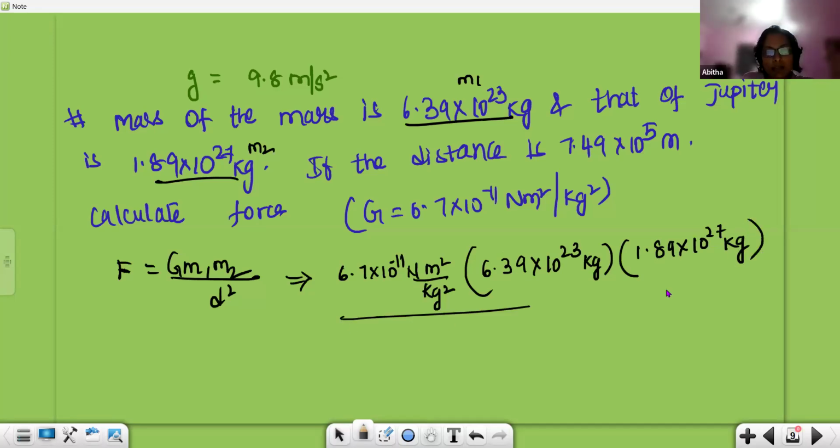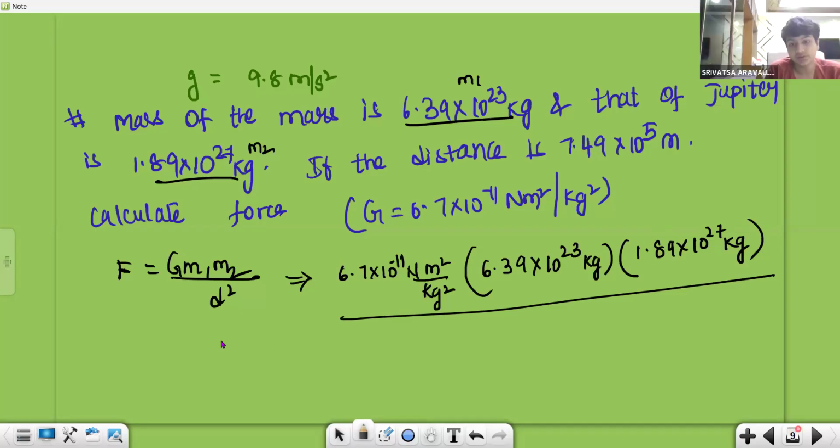We use these two masses. What is the value of d? The distance is 7.49 into 10 to the power of 5 meters.